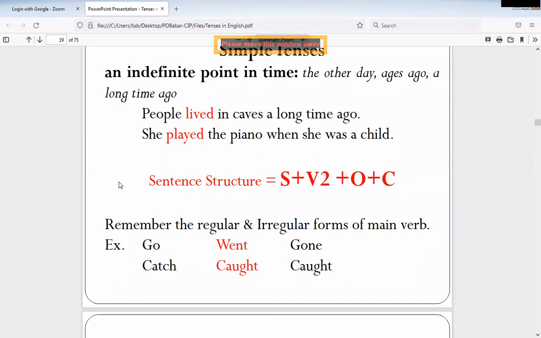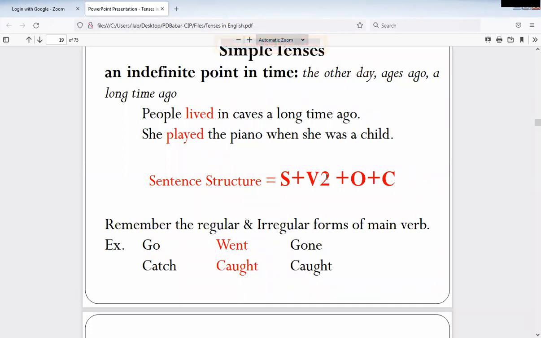Another important point is the sentence structure of the simple past tense. The sentence structure of simple past tense is subject plus V2 plus object plus complement. Subject plus V2, that is the past form of the verb.